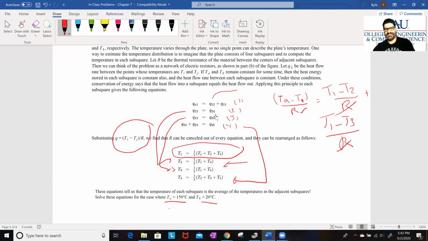If you rearrange these equations, you can start with the first equation: you're going to have 3T1 minus T2 minus T3 is equal to TA.